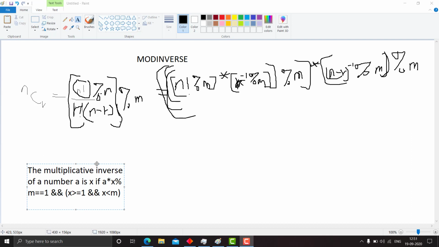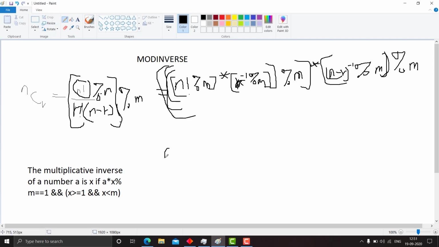Also, one more condition for this to exist is that a and m should be co-prime.